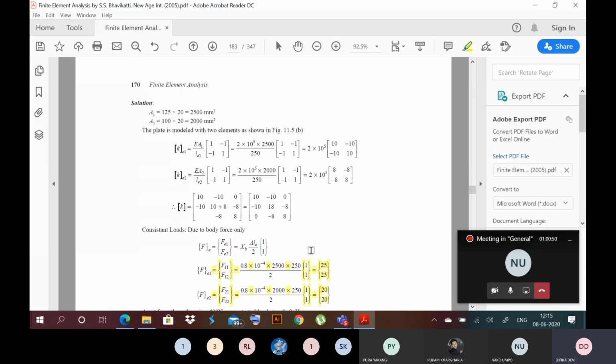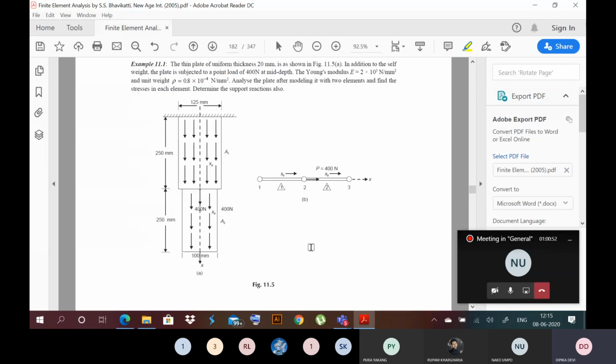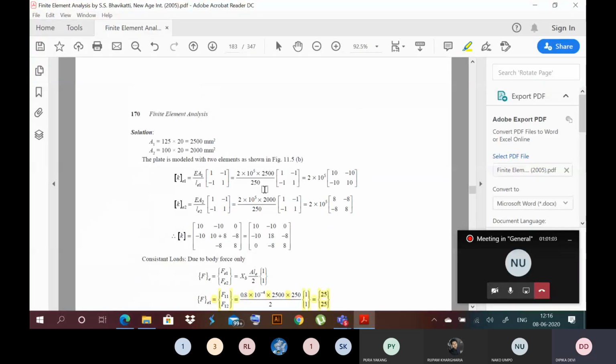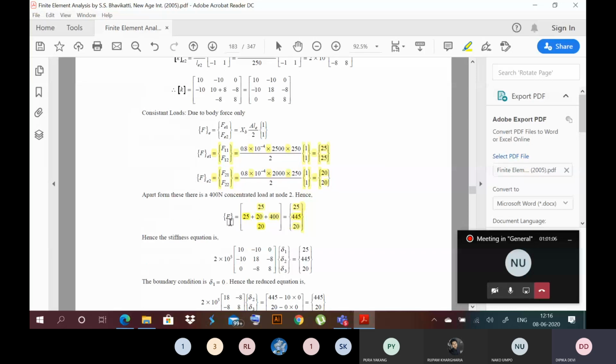Okay. Now the bar is fixed at node 1. You see, the bar is fixed at node 1. In this figure, you can see. Therefore, there will be some reactions at node 1. Usually what I do, I write here itself. So in this body force vector itself, actual load at node 1 will be equal to 25 plus R1.